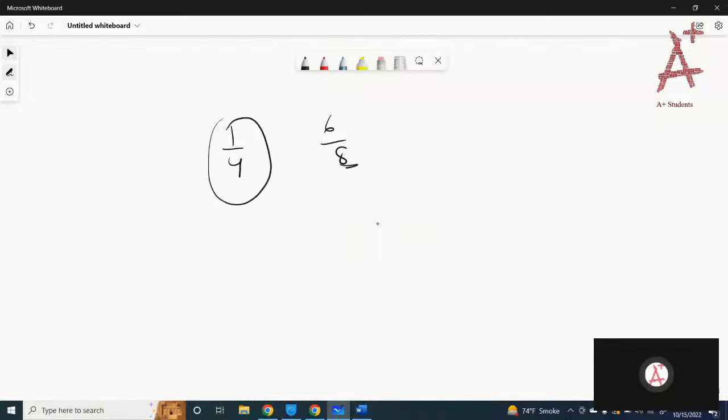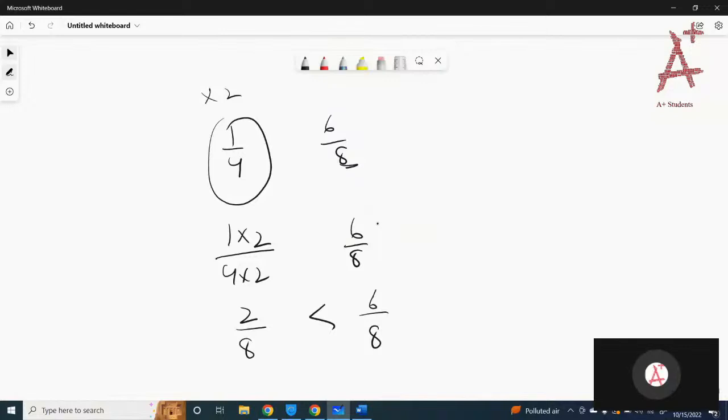So 4 times what number makes 8? 4 times 2 makes 8. So it would be 1 times 2 divided by 4 times 2. 1 times 2 is 2, and 4 times 2 is 8, so 2 by 8, and 6 by 8. So which one is greater and which one is smaller? 1 by 4, 2 by 8 is less than 6 by 8. Got it?